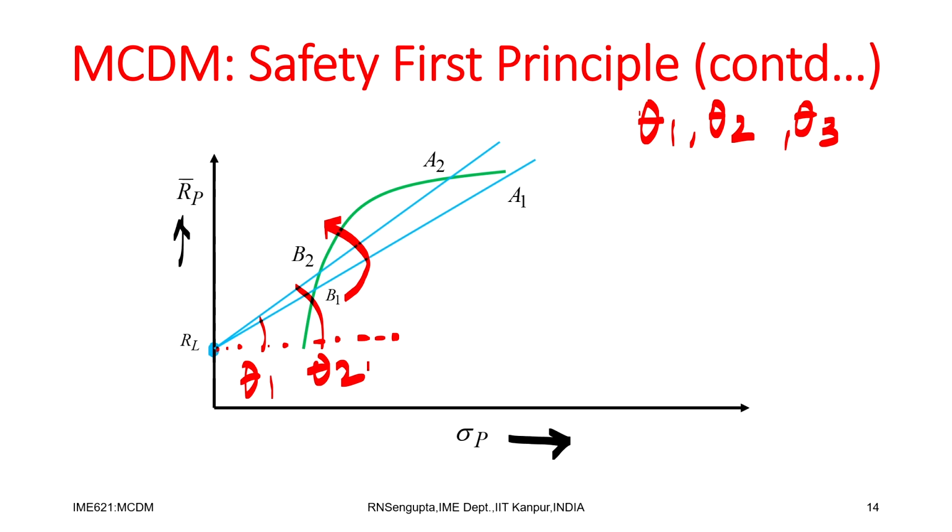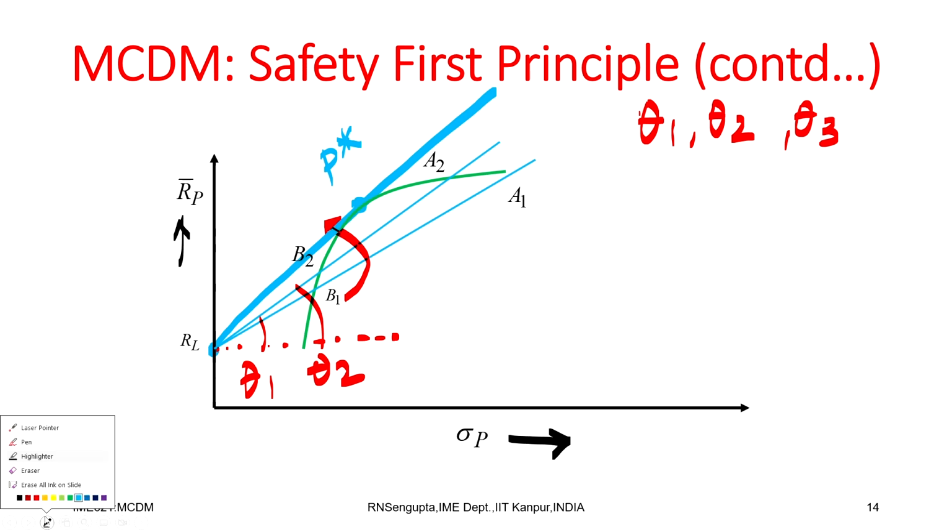The moment that line is tangent, which is P star here, that will give me the best value of maximizing RP bar subject to the conditions that you have.